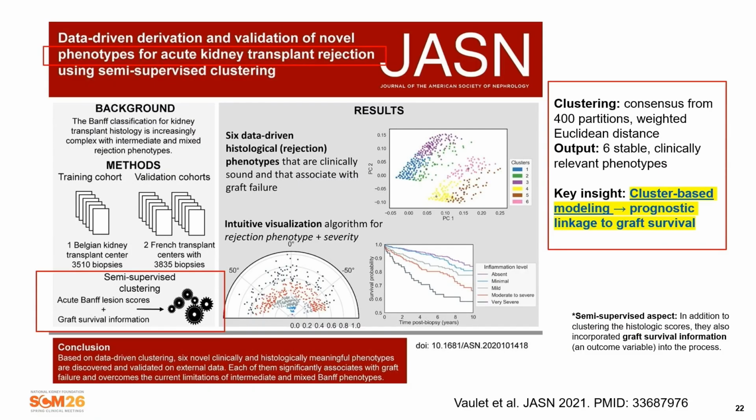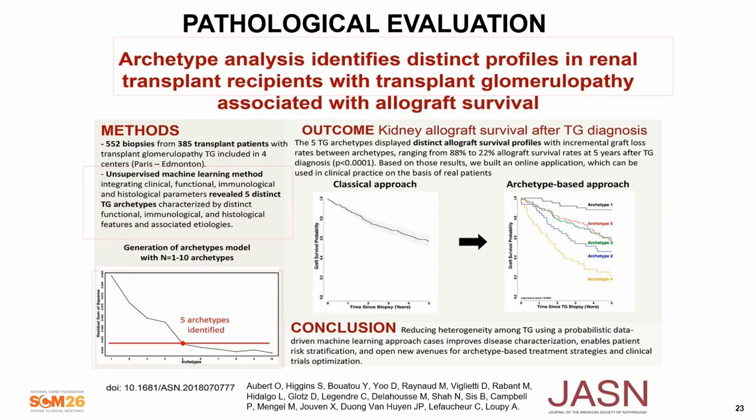This study also looks at phenotypes, using unsupervised machine learning to identify subgroups of patients who have kidney transplant rejection.